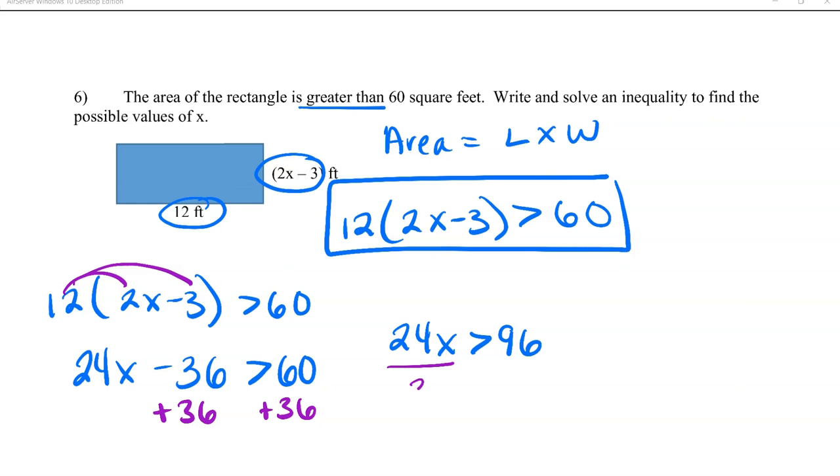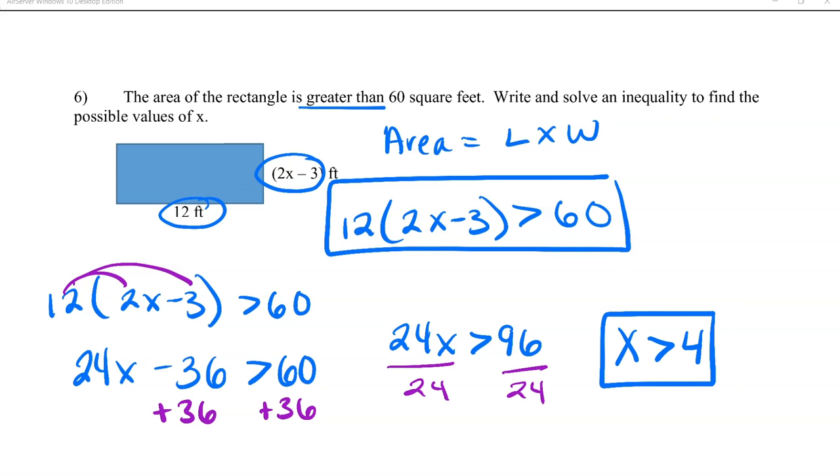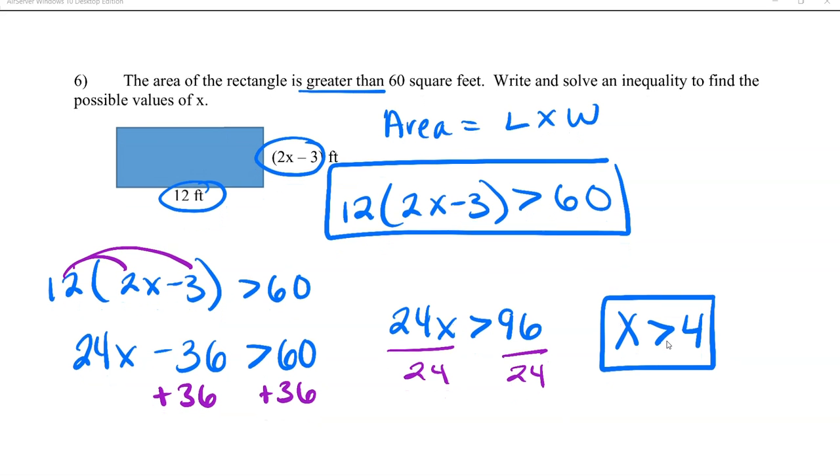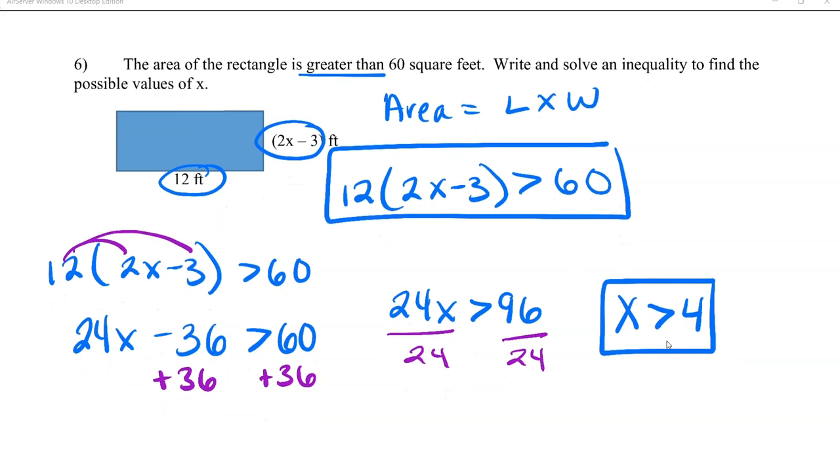And the last step would be to divide both sides by 24. So we get x is greater than 4. So there's no real interpretation needed because we were just trying to find the possible values of x. So x can be anything greater than 4 in order for the area to be greater than 60 square feet.